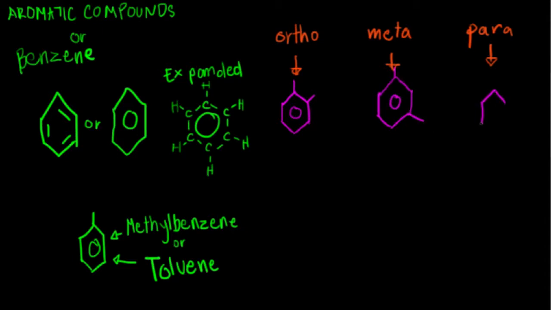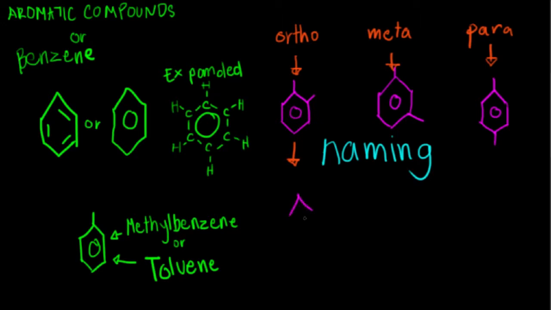We use meta if they are in the first and third points. We use para if they are in the first and fourth points of the benzene. Let's proceed to the naming.